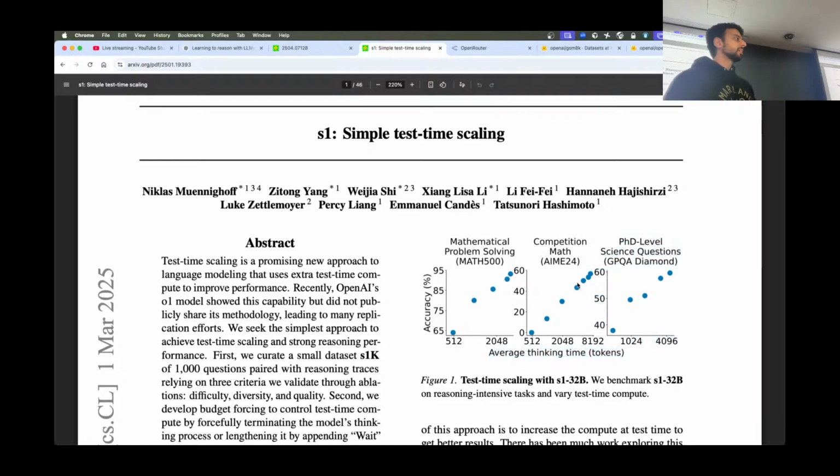They use this budget forcing method and show that if you just force it to think more, its performance goes up. So overall, training still seems to help for generalization to many different tasks, but it's clear that the model just producing more tokens also helps its performance regardless of if it's been RL'd or SFT'd or things like that.